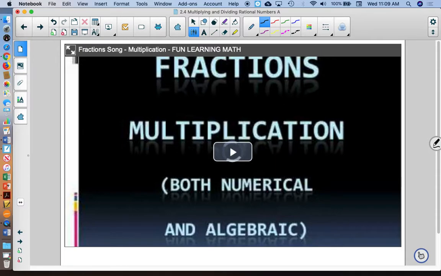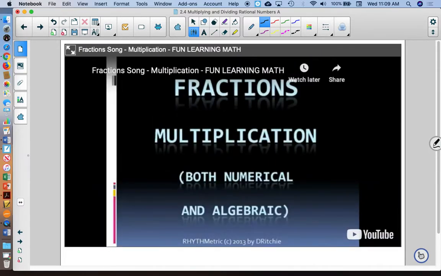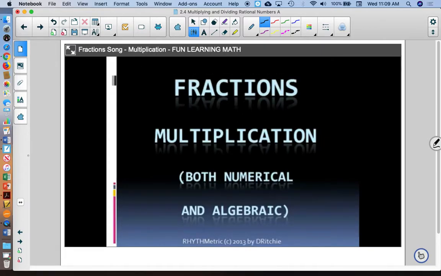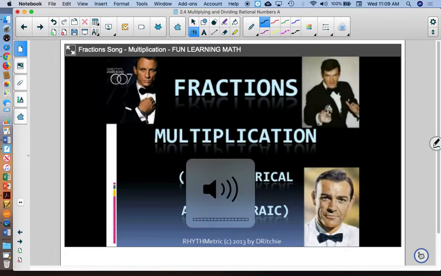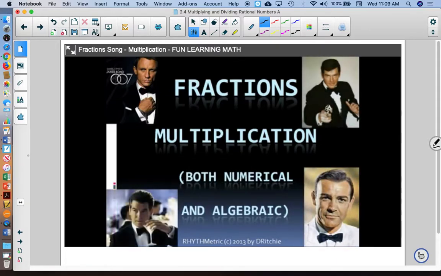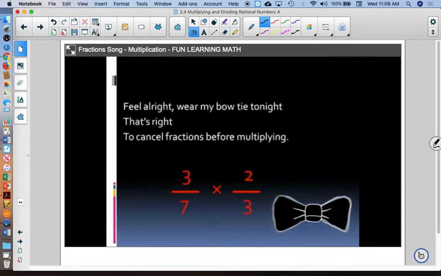Let's see if we got it. Oh, I know what I don't have. It's going to be getting loud, I think.